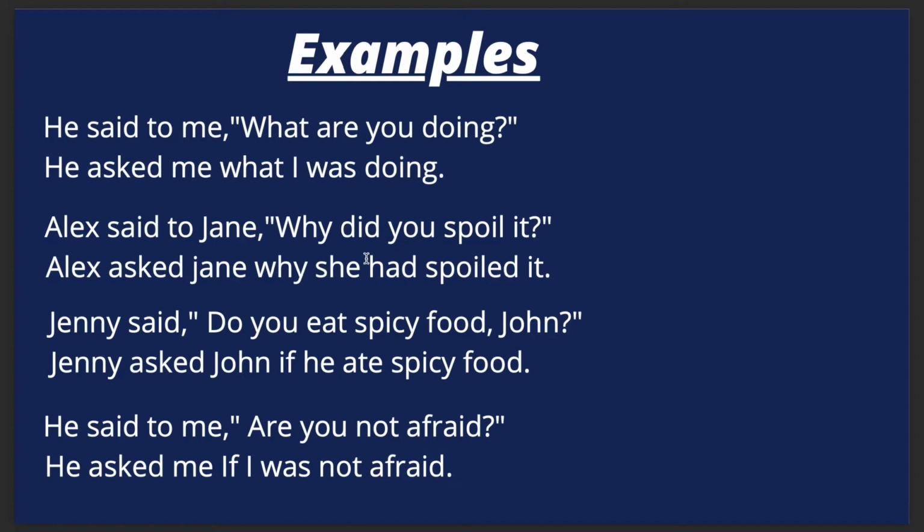Why we have used had here? Because this sentence is already in past. If you remember, present changes to past, past changes to perfect, and perfect does not change. So this is already in past. That is why we have to make it perfect. So Alex asked Jane why she had spoiled it.